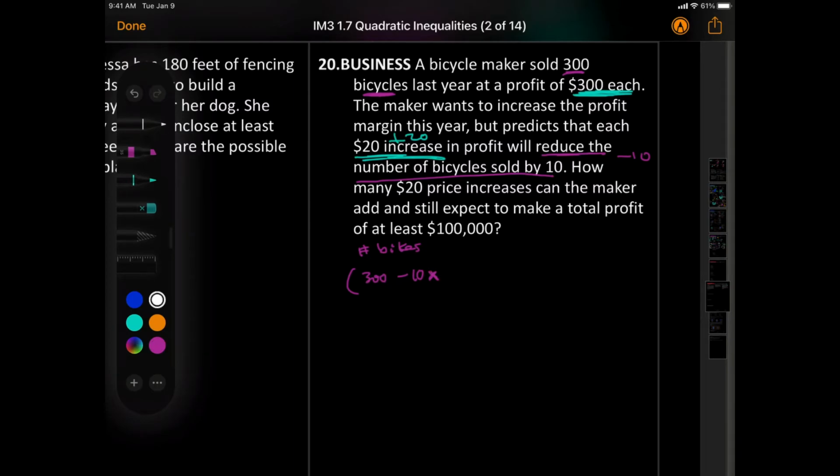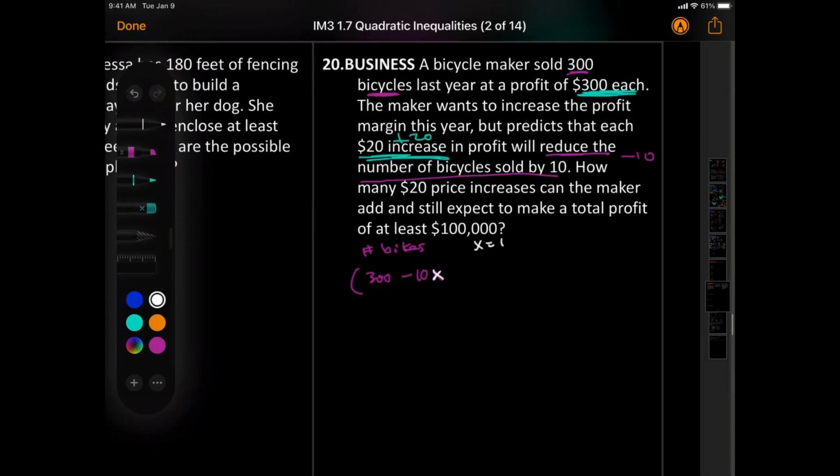So x represents the number of increases. Okay, for blue, let's talk about, what did we say? Blue was the price per bike. So we start off at $300, and we're going to add $20 per every increase.